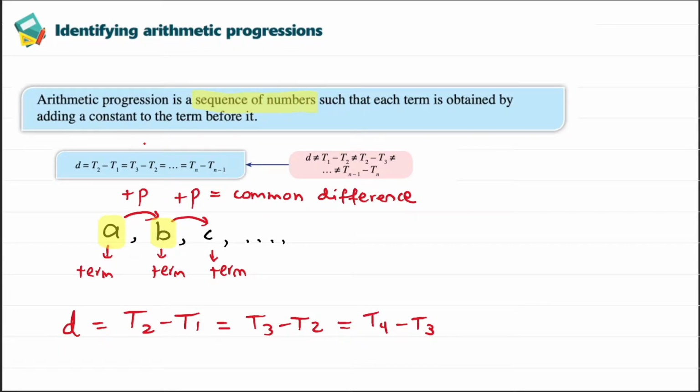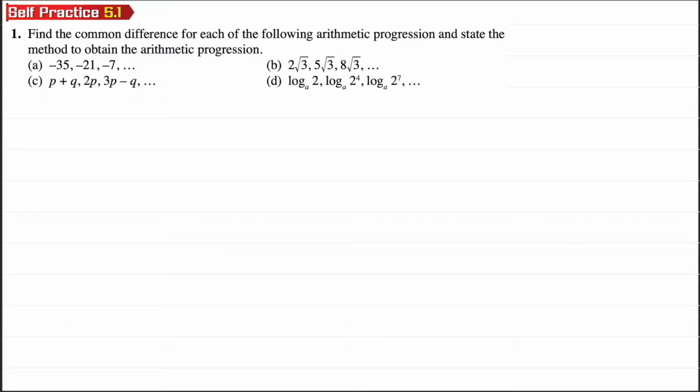Right. So, contoh. Find the common difference for each of the following arithmetic progressions. Okay, so kalau untuk ini kita ada negatif 35, negatif 21 dengan negatif 7. So in order to find the common difference, kita ambil yang second term, kita tolak je dengan first term ni.